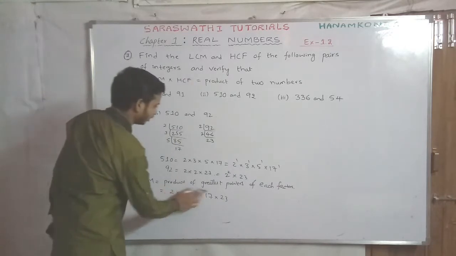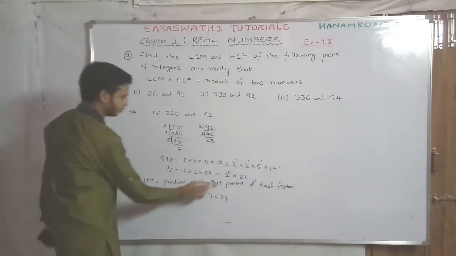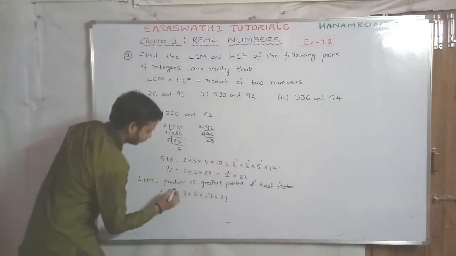So the LCM is the product of the greatest powers of each factor. The greatest power of 2 is 2 power 2, so we write 2 square.